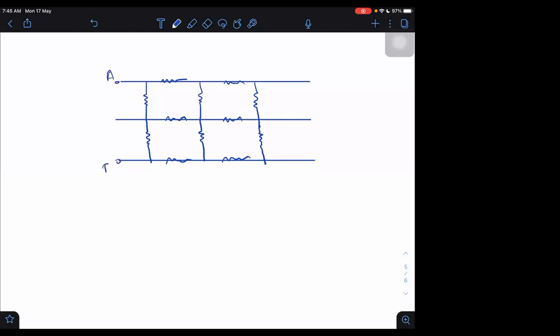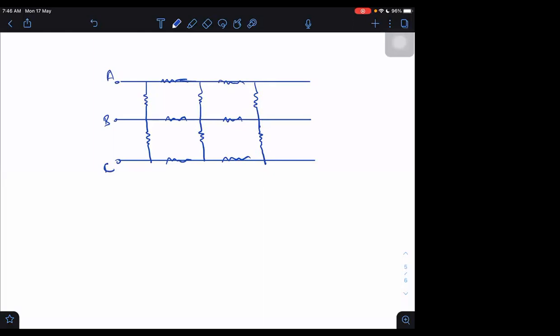A, B, sorry, the middle one is B and this one is C. Goes up to infinity as usual. All resistances are equal to R ohm.